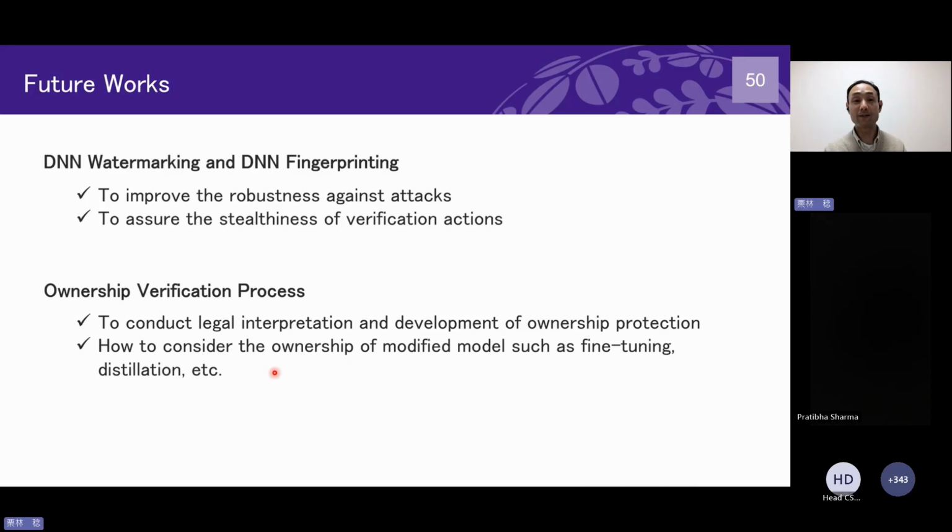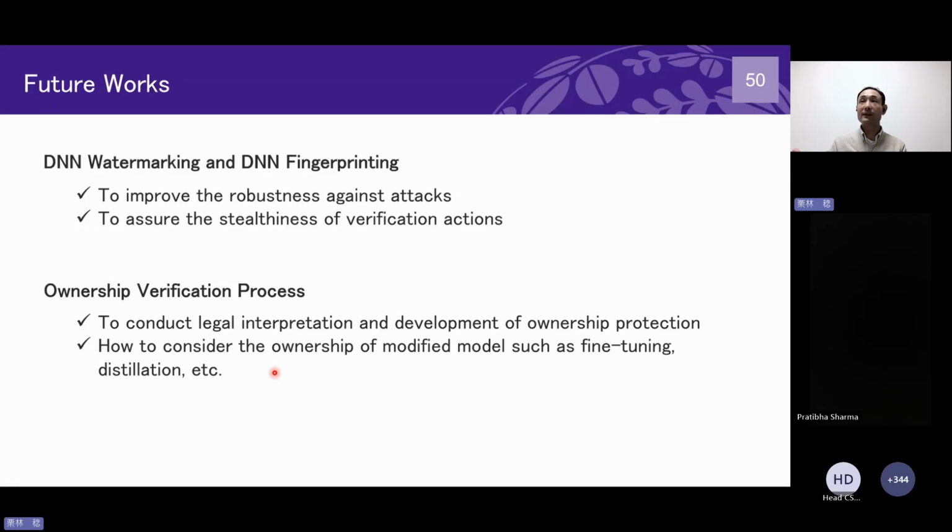So legal interpretation is very difficult to control. Okay. Anyway, in this talk, I explained the ownership verification based on DNA watermarking or DNA fingerprinting. There are some related works, and we need to consider some legal actions.